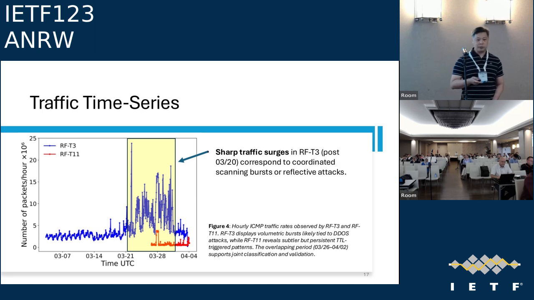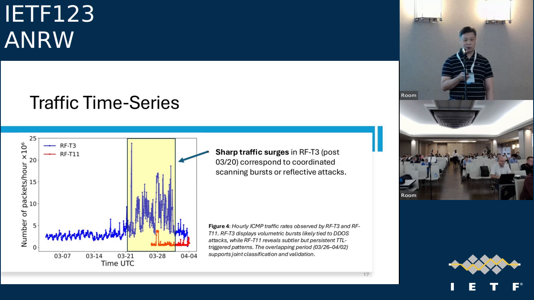During our data collection, we saw active attacks in the ISP network. In the yellow area, you can see that after March 2023, we see multiple bursts of traffic in our RFT3.